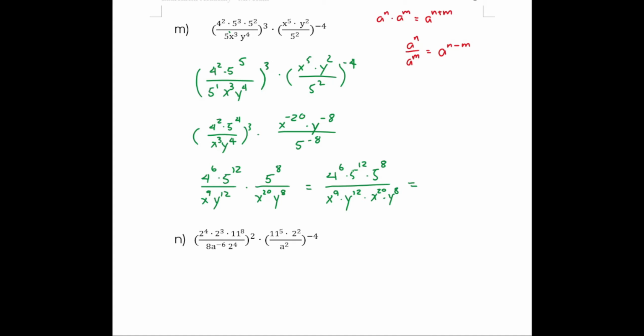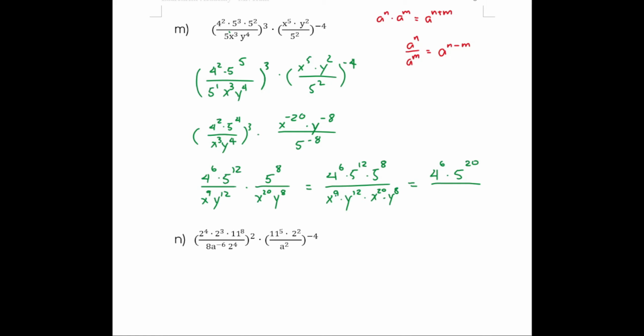Okay? Notice here we've got a base of 5. Here we also have a base of 5. So when we have two things that are the same base, we can multiply them together by adding their exponents, right? That's what this law tells me. So 4 to the 6, these two things, we multiply them together by adding the exponents. We have 5 to the 12 plus 8 is 20. Same idea down here.